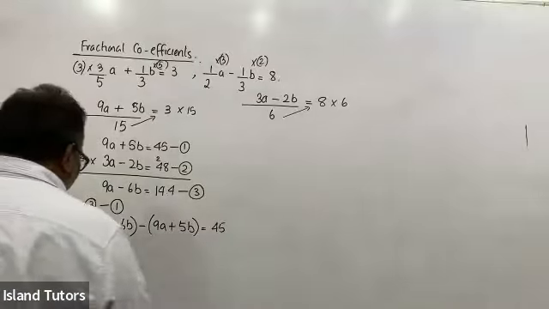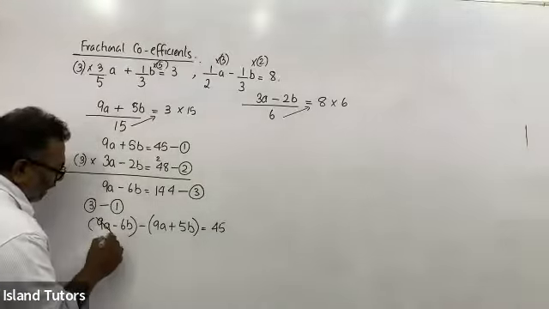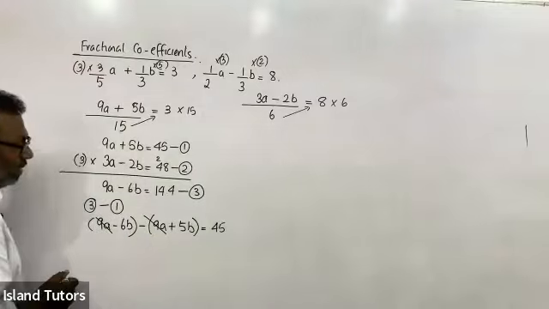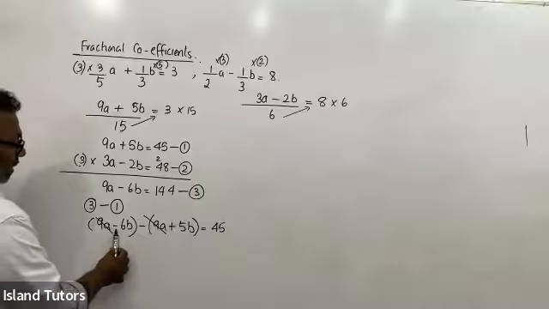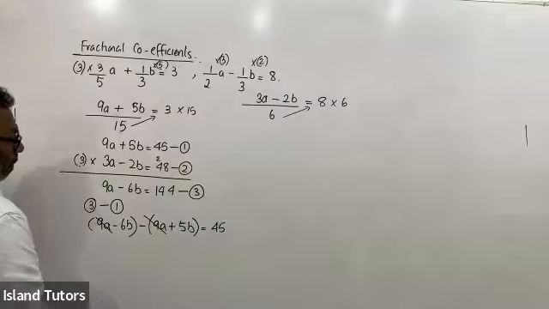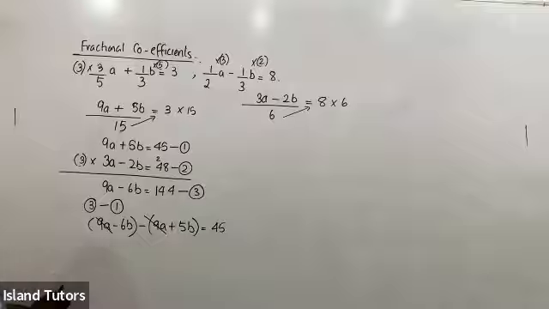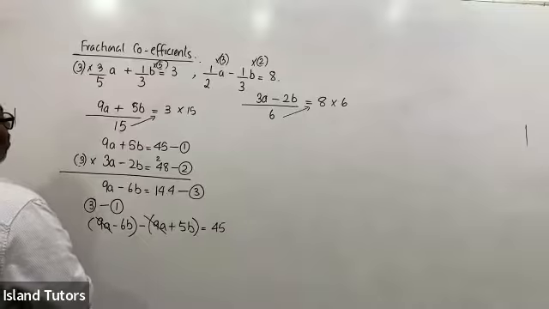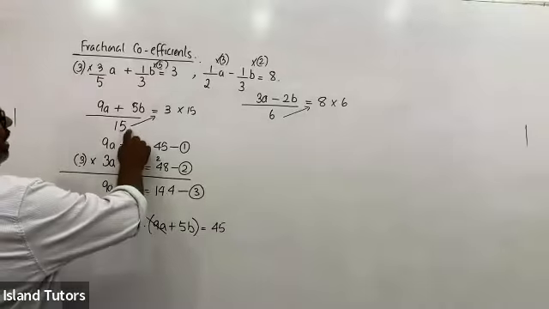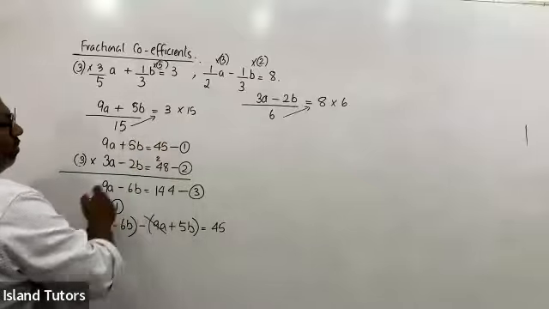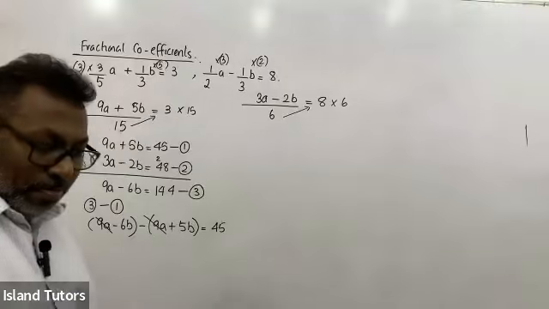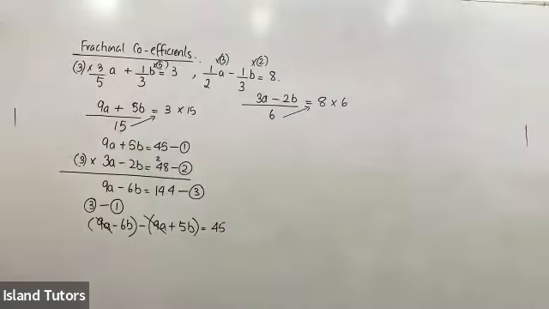Right? So let's take the two 9a's. 9a cancels. How much you're getting here? Sir, how did that 45 come, sir? Here 15 multiplied by 3, 45, no?